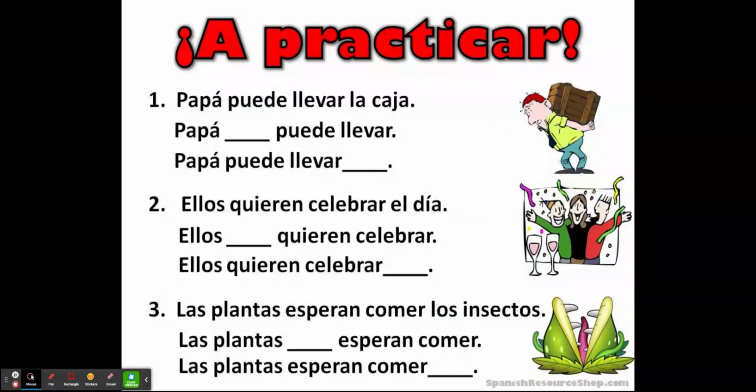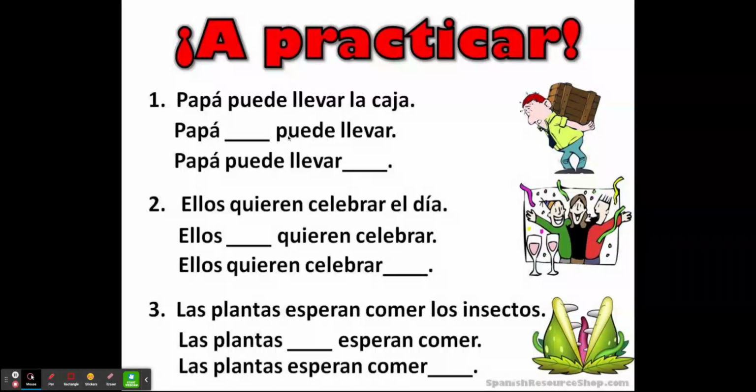Okay, so here some practice. You need to simplify these sentences that are two verb sentences. Take a look. Puede llevar, quieren celebrar, esperan comer. There are two forms to simplify the sentences.